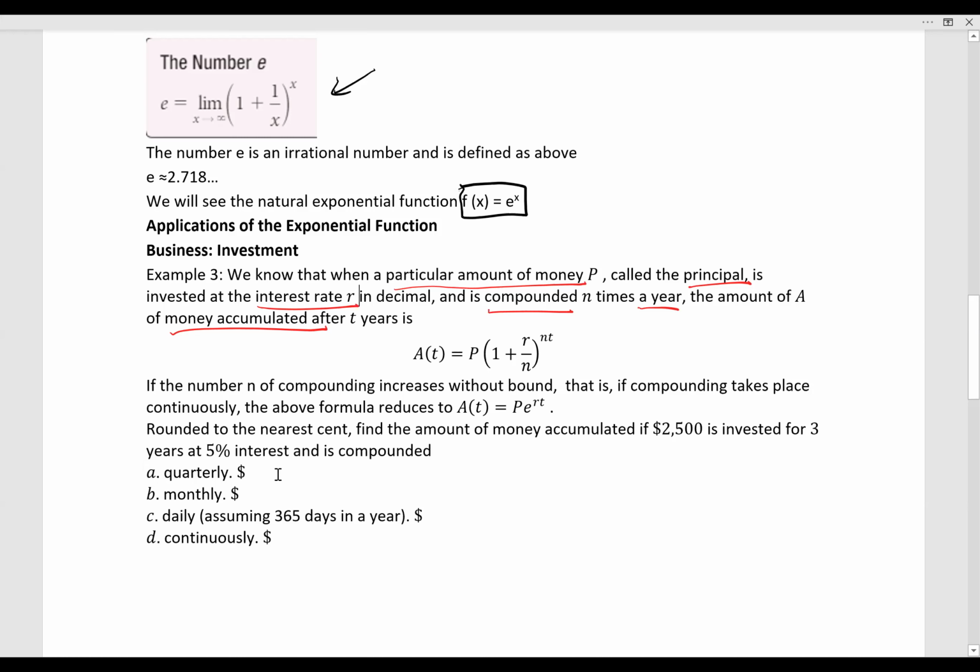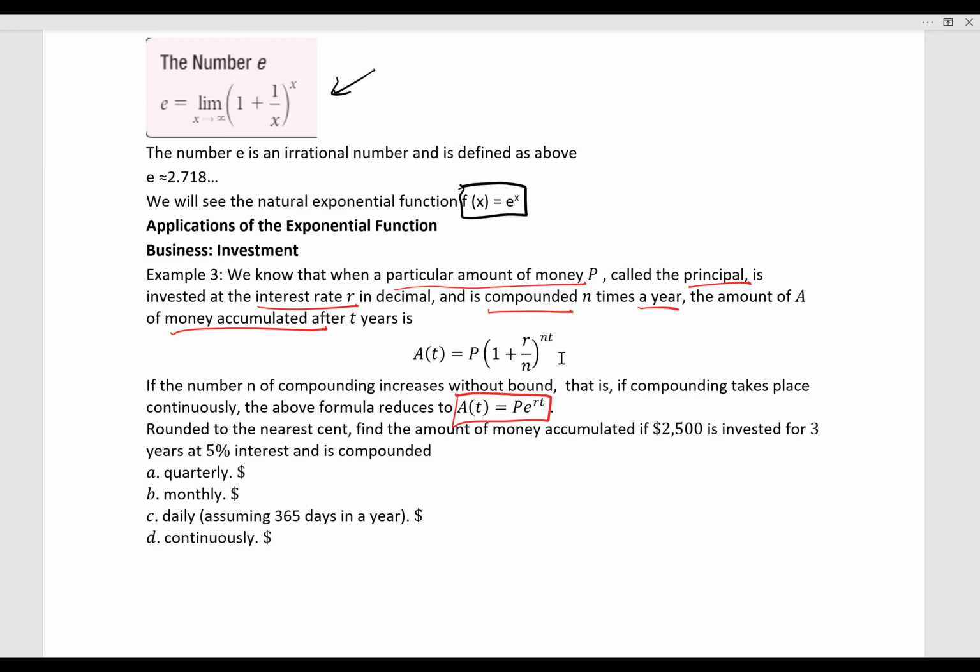So this formula will change if you compound continuously. It becomes the form A(t) equals P times e to the power rt.